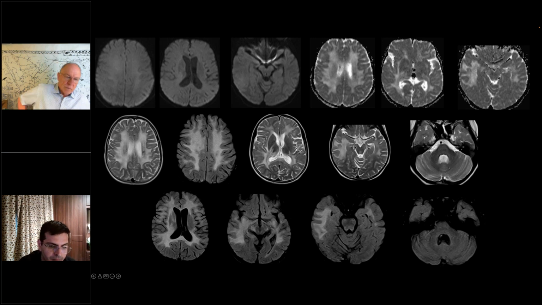In the posterior fossa, the cerebral peduncles are also involved. The cerebellum is slightly spared. There is some degree of volume loss in the cerebellum and also in the supratentorial brain parenchyma. So predominantly a white matter abnormality, also affecting possibly the bilateral thalami and the cerebral peduncles on both sides.